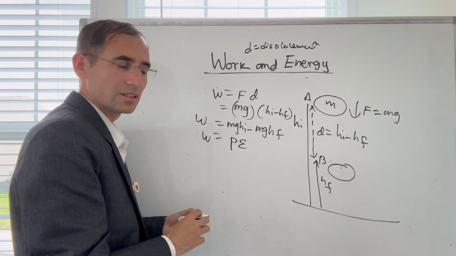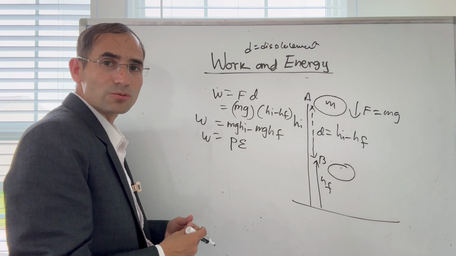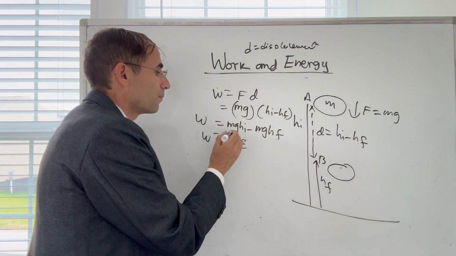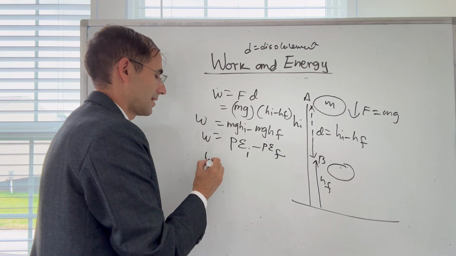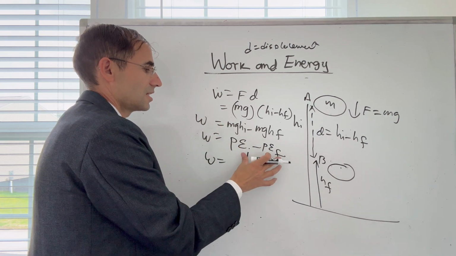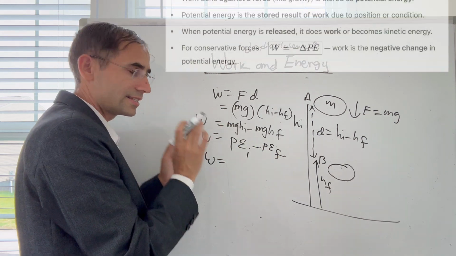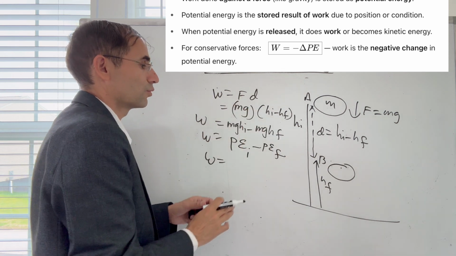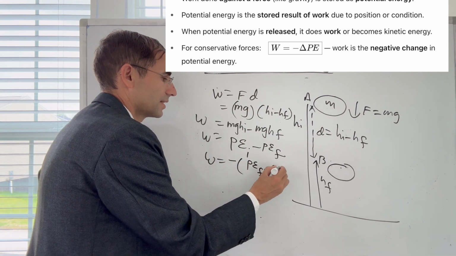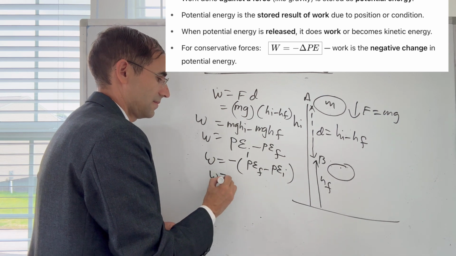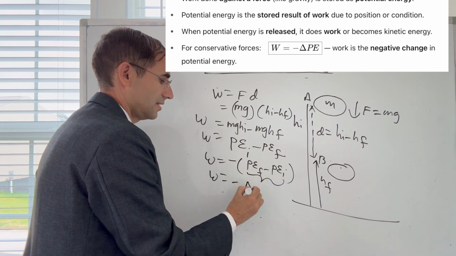So potential energy is the energy due to the position of an object. Work done is equal to the potential energy initial minus potential energy final. You can write that as minus, potential energy final minus potential energy initial. So this is the change in potential energy.